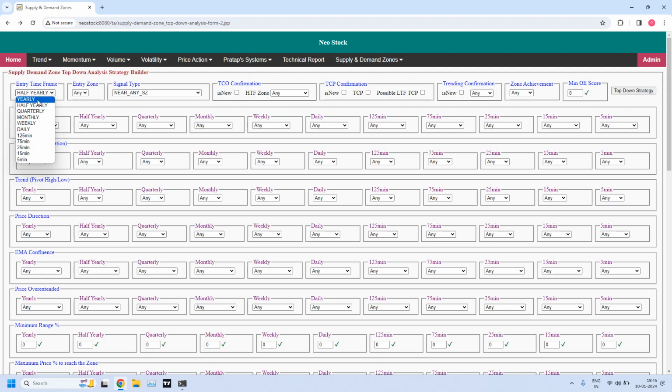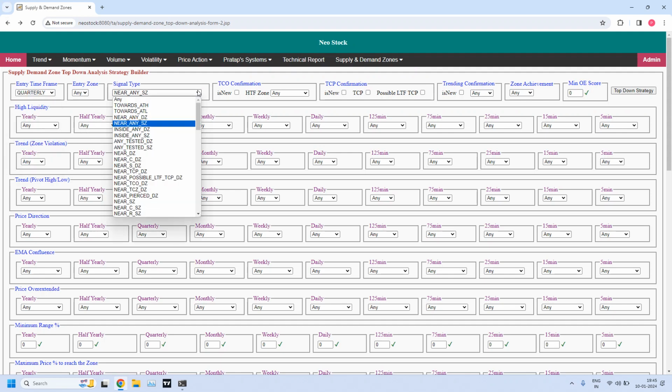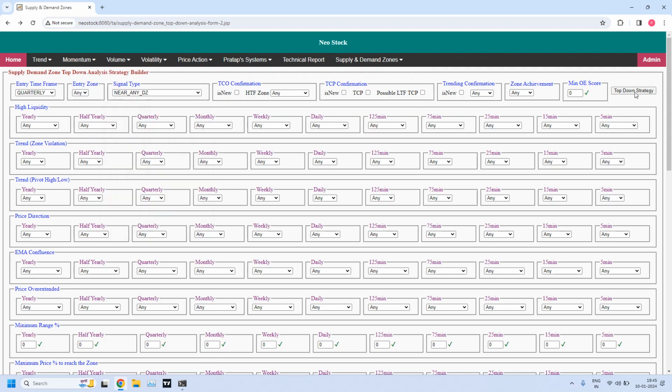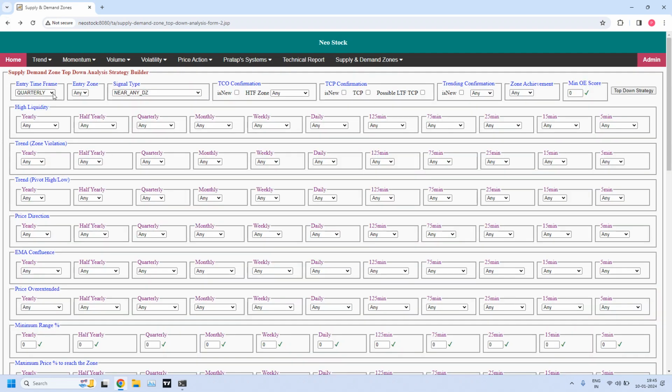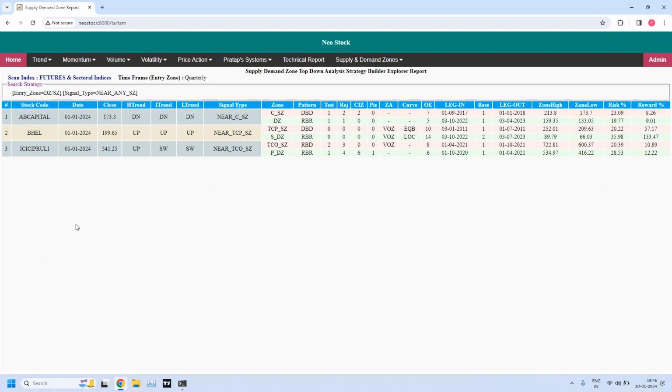Next one is the quarterly time frame. Let us find stocks near quarterly demand zone. One stock is near quarterly demand zone. Let's go back. And in the quarterly time frame, let us find the stocks near quarterly supply zone. So 3 stocks are there near quarterly supply zone.